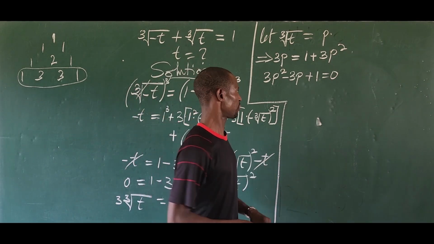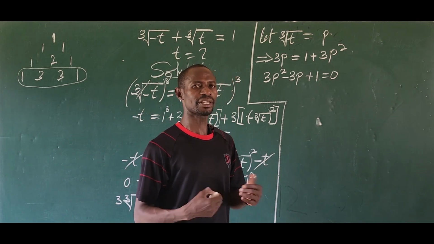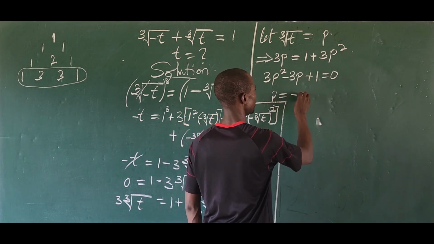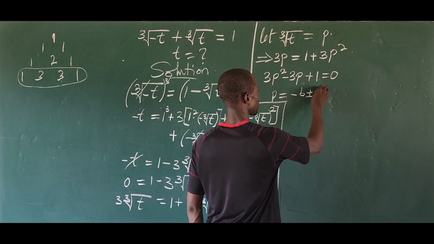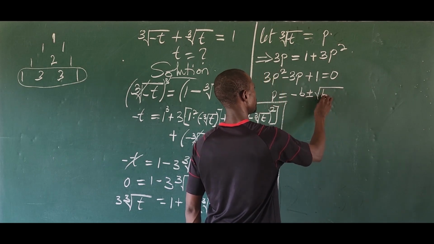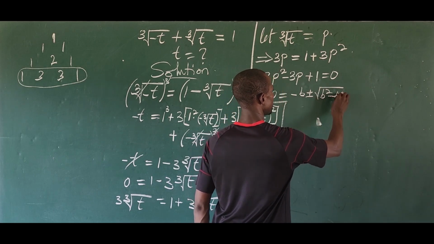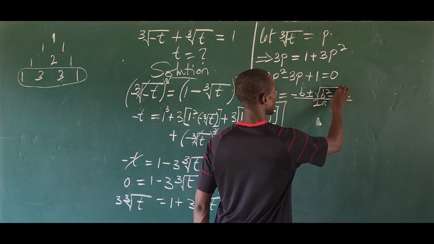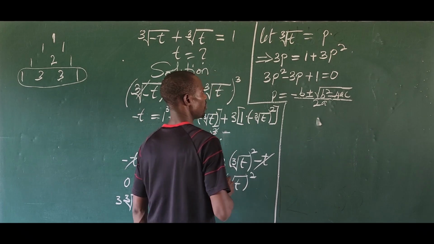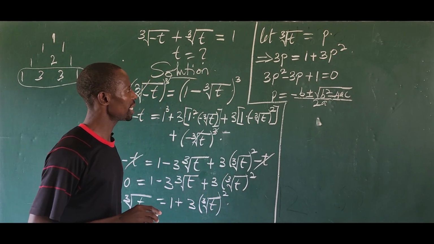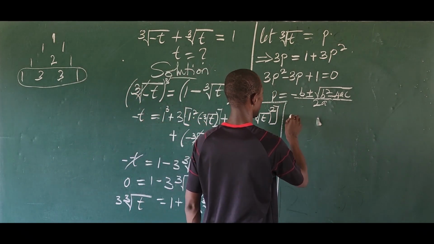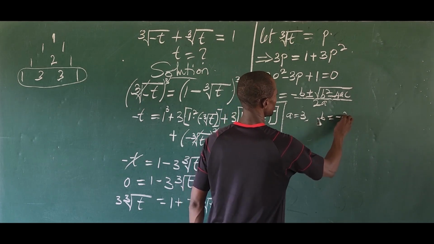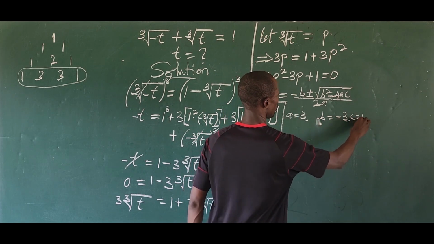So how do we solve this for the value of p? We use the formula method, and the formula method says that p will now be equal to minus b plus minus the square root of b squared minus 4ac all over 2a. All right. Now, we bring out our a, b, and c. From this equation, a is equal to 3, b is equal to minus 3, and c is equal to 1.